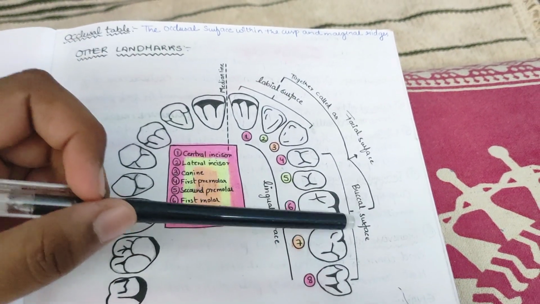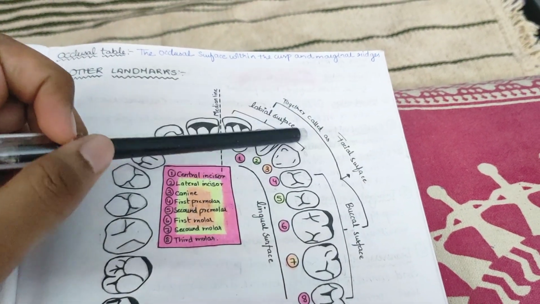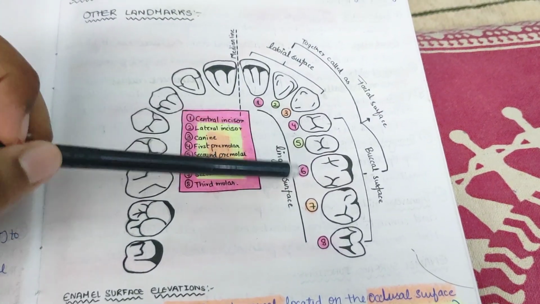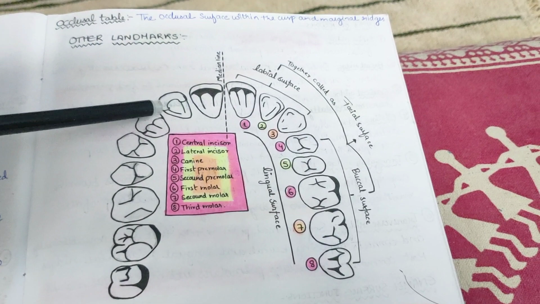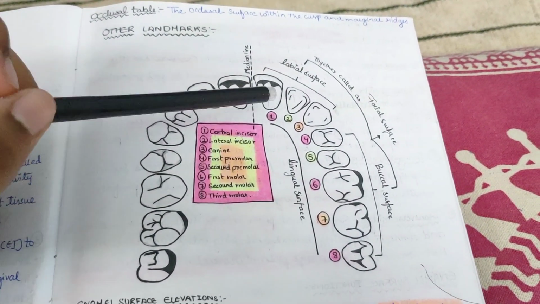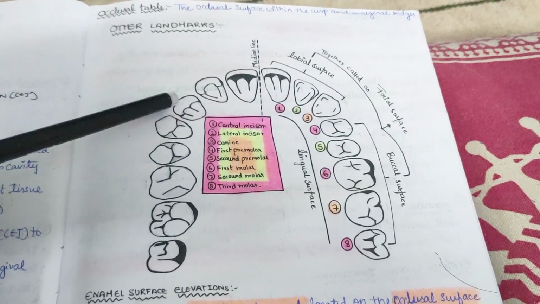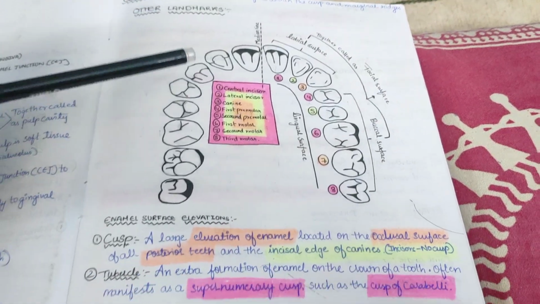This surface is known as buccal surface because they are facing towards the cheek, and they are together known as facial surface. And this is the lingual surface where teeth are facing towards the tongue. Away from the midline is known as distal surface, and towards the midline is known as mesial surface.